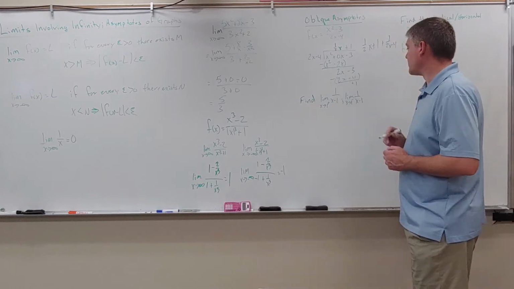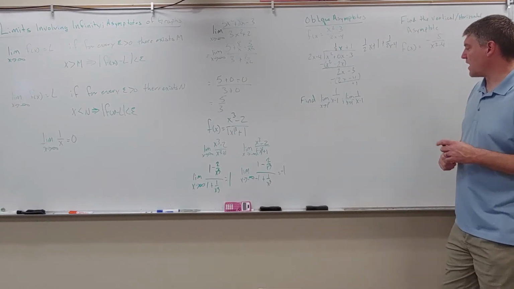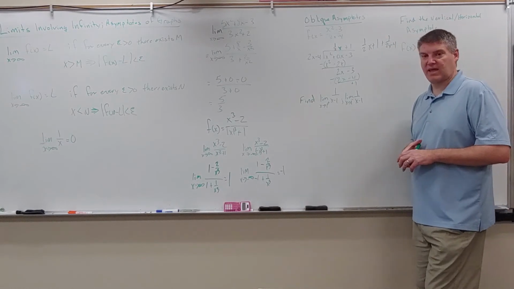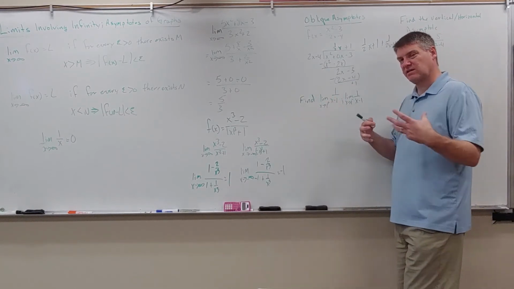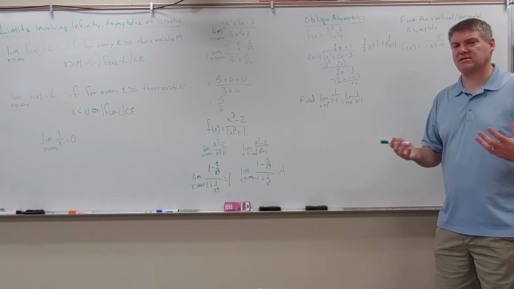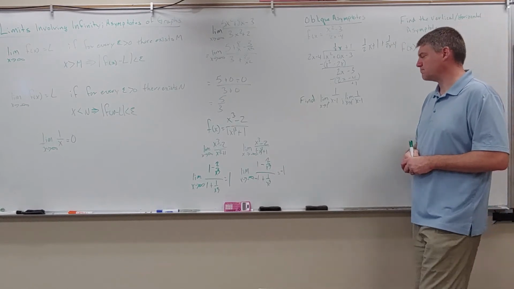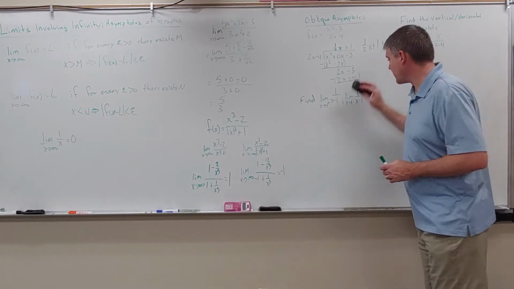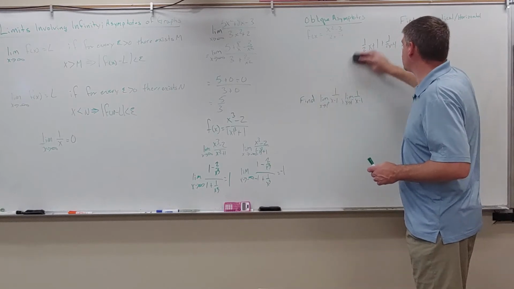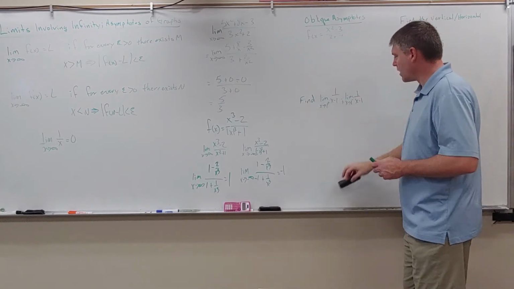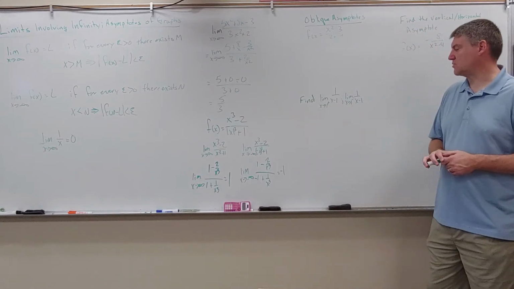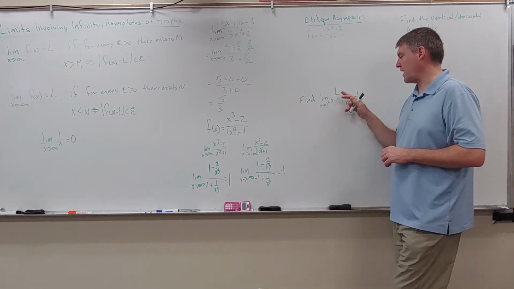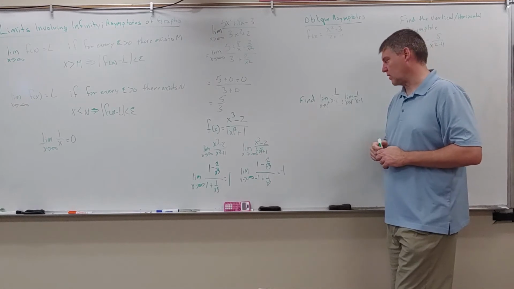Okay. All right. So now we're going to find the right-hand and left-hand limits of this and look at whether we're going to positive or negative infinity. So let me erase this to give myself a little more room. Here I have the limit as x approaches 1 from the right of 1 over x minus 1.